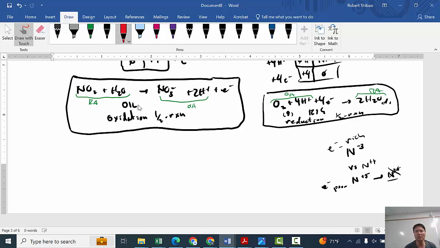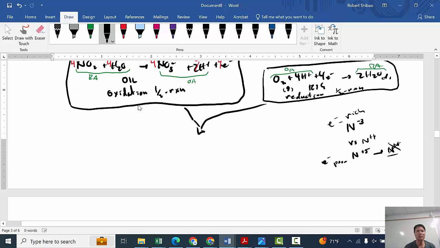To do that, I'm going to cross multiply. I'm going to multiply this one by 4 and this one by 1. And so I have 4 electrons lost, 4 electrons gained.